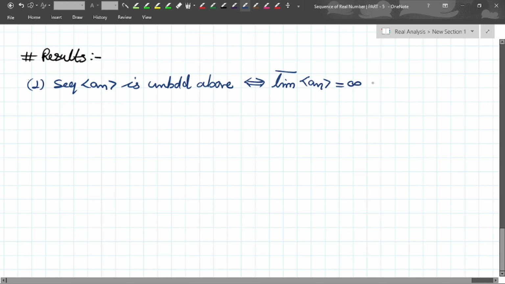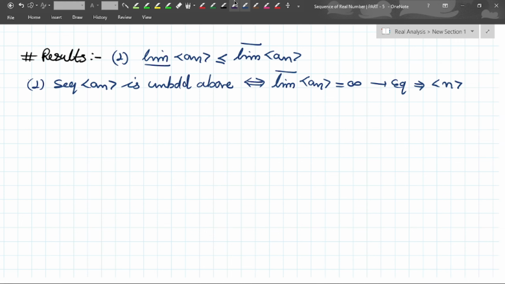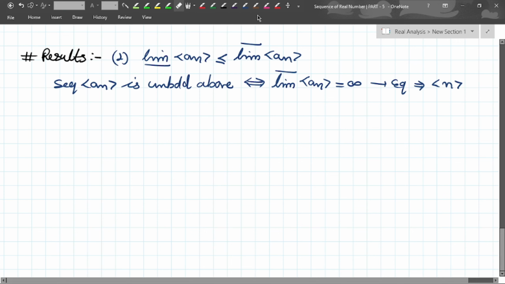It is simple; you can take the example of n. It is unbounded above and the limit inferior is infinity. Second result that you can write here: the limit inferior of an is less than or equal to the limit superior of an.